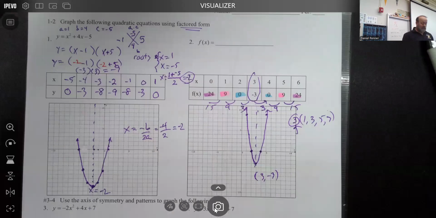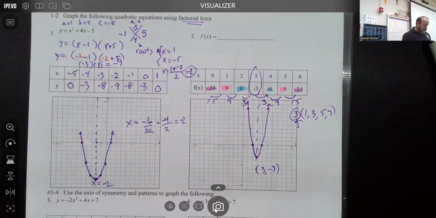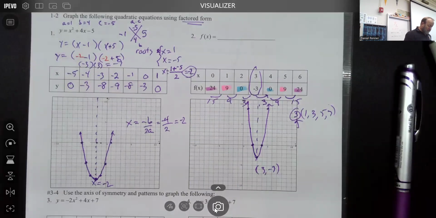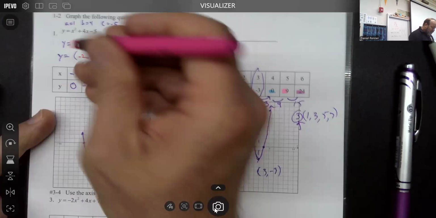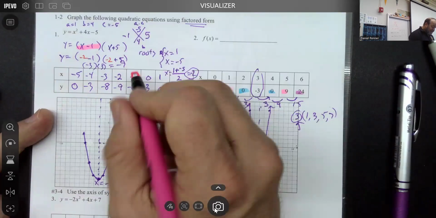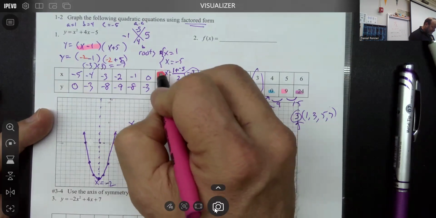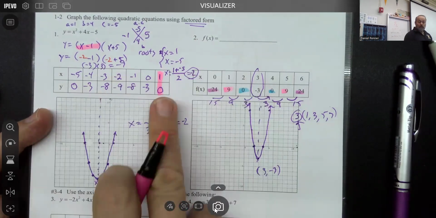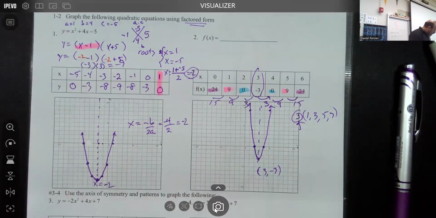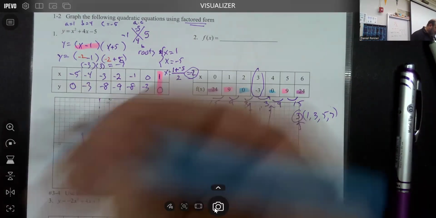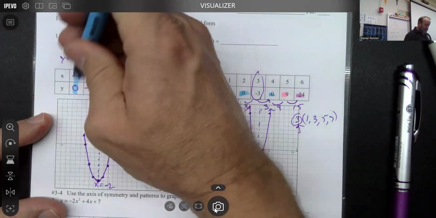But now we're going to go one other way because I don't know what equation did this. They just gave me data. But the nice thing is right here, if you pay attention to what we did over here, this right here went with this guy right here. That factor went with this root. We could also see that this factor, x plus 5, went with that root.